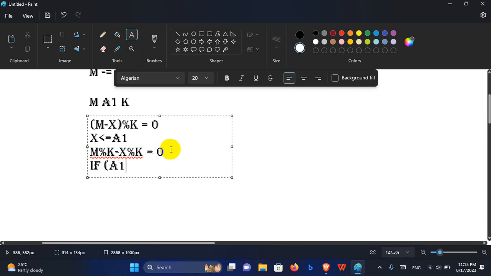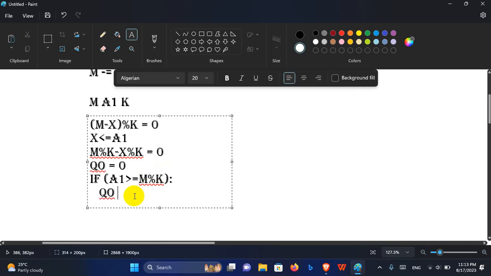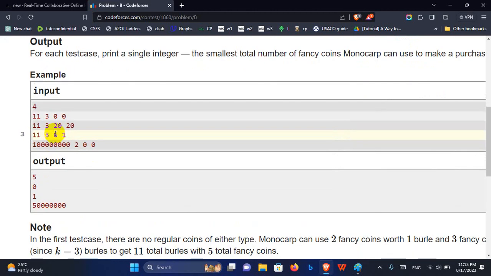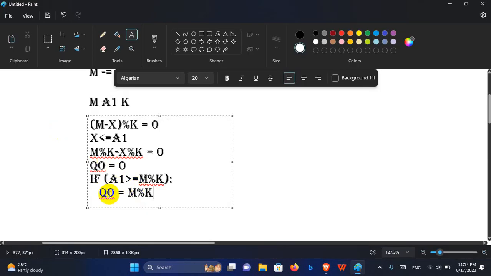If A1 is bigger than this m mod k, we will take a new variable, first set to be 0, and we will make it to be m mod k, because if it's bigger, for example in this case 11, we are left with 8, and 8 mod 3 is 2, and 6 is bigger than 2, so this value would be the amount to subtract, to call it easier.